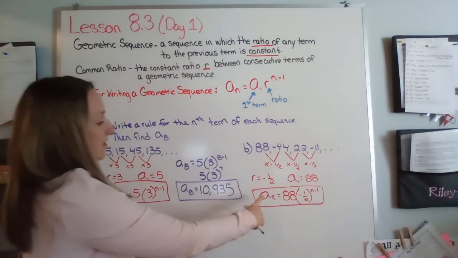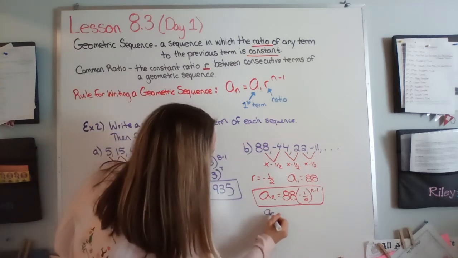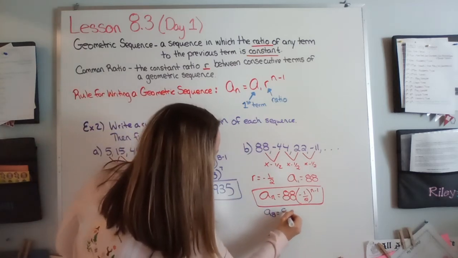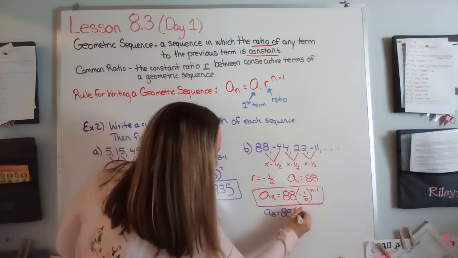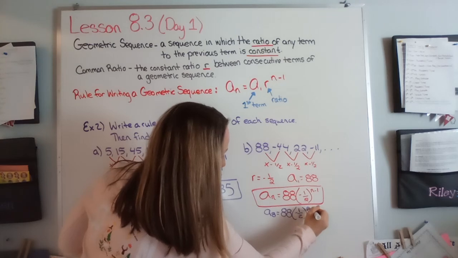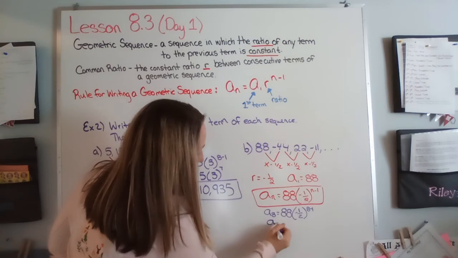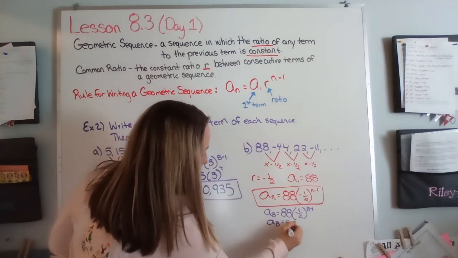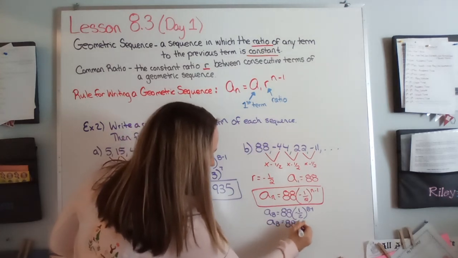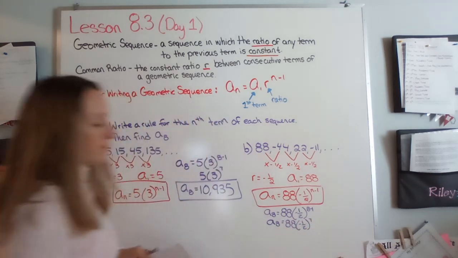For this problem, finding the 8th term, trying to see where I have room. Maybe I can go down. The 8th term is going to equal 88 times negative 1/2 raised to the 8 minus 1. So you're going to have the 8th term is equal to 88 times negative 1/2 raised to the 7th.